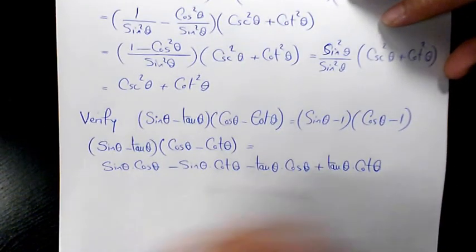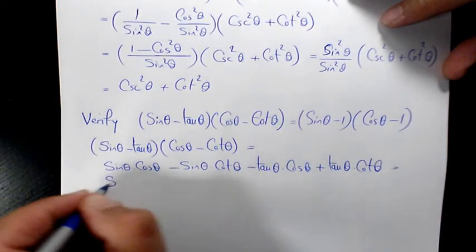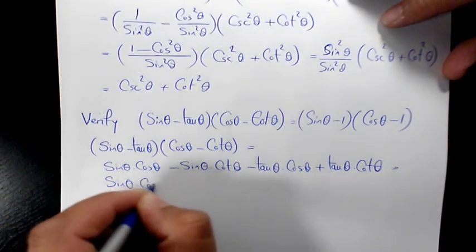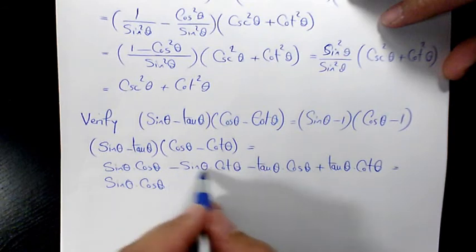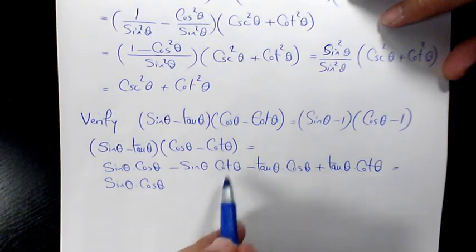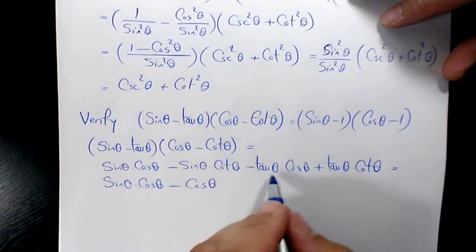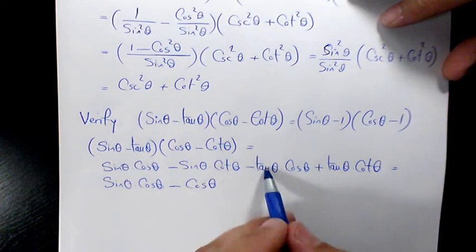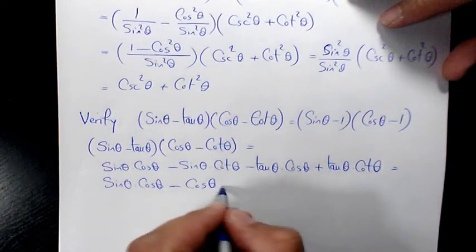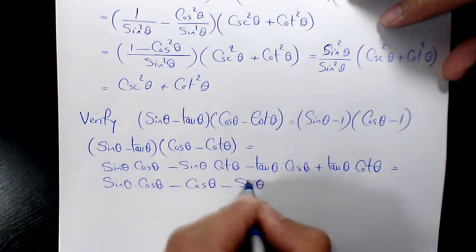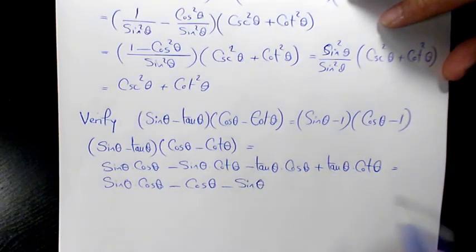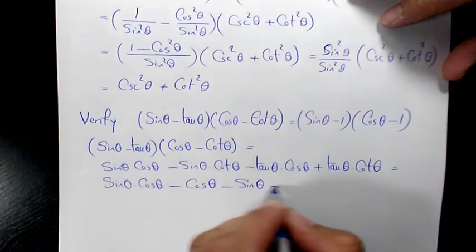Let's see if we can simplify anything. We have sine theta times cosine theta, negative sine theta times cotan. Cotan is cosine over sine, so these two cancel out and we have just negative cosine. Here we have sine over cosine, cosine and cosine cancel out and we have just negative sine, and tan times cotan is going to be 1, we know that.